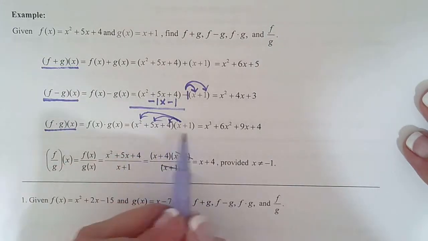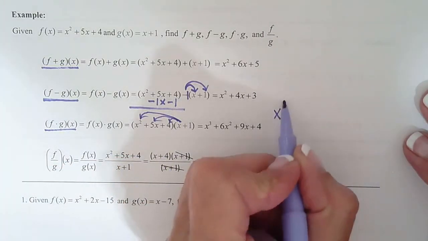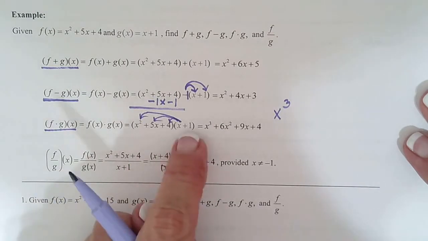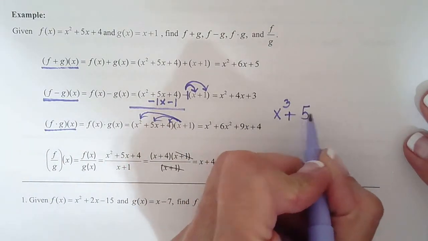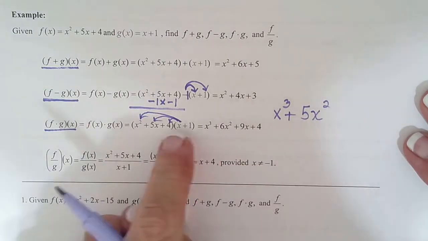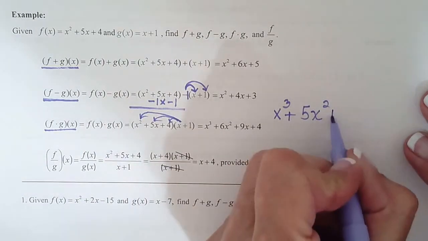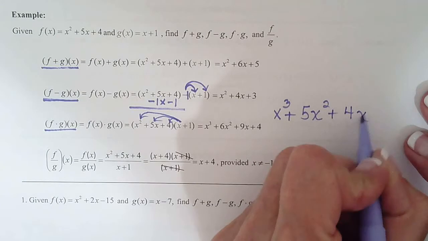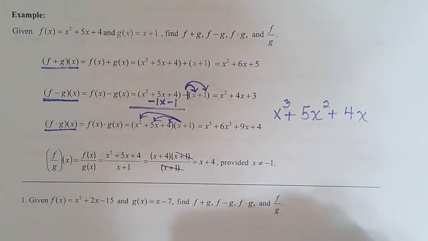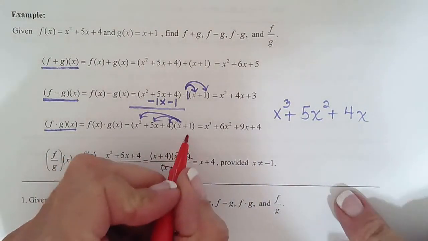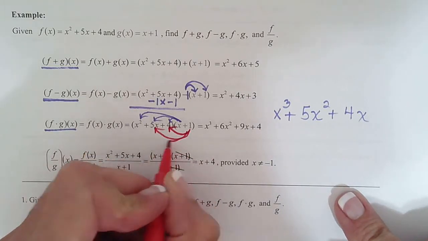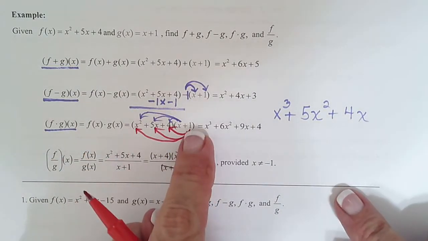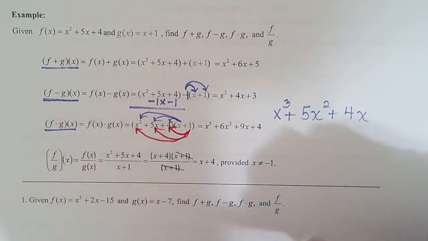So x squared times x gave us x cubed. X times 5x gave us plus 5x squared. X times 4 is plus 4x. And then we learned you have to take the second element in the small parenthesis and multiply it by everything in the large parenthesis. So that would be plus 1x squared. And I am going to put the 1 there.